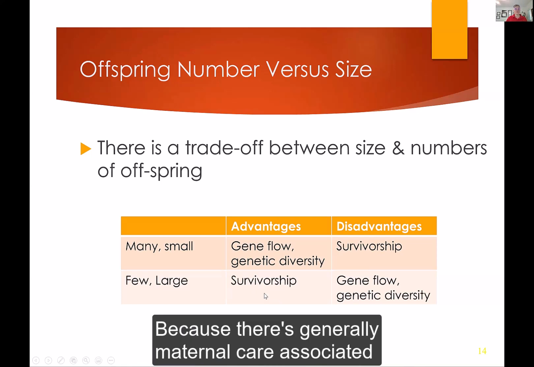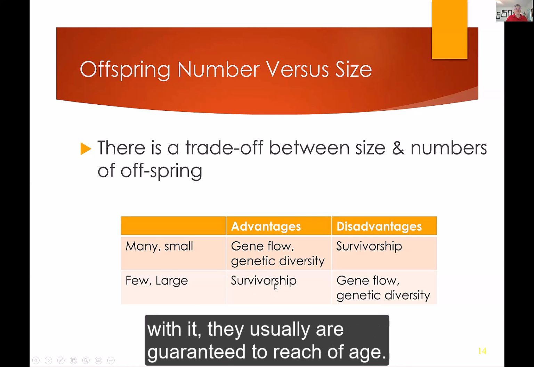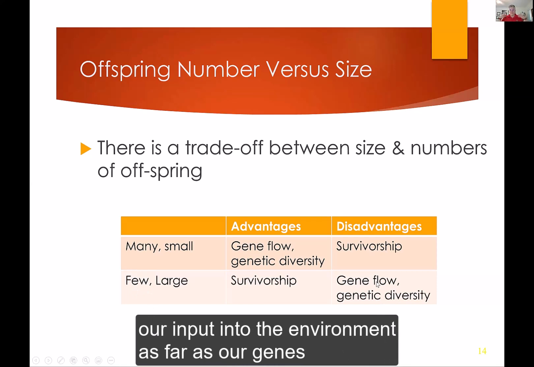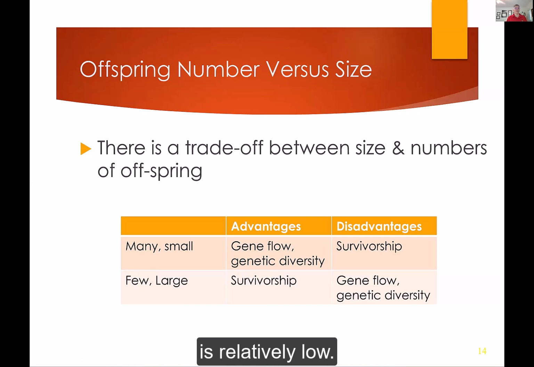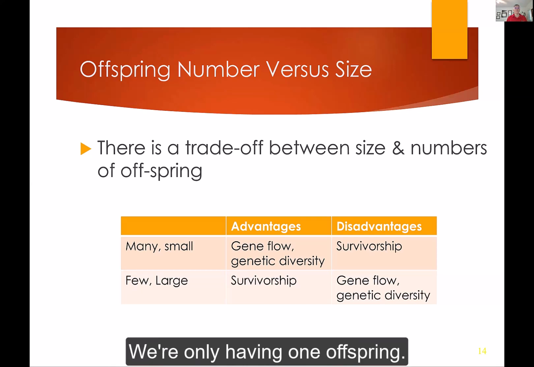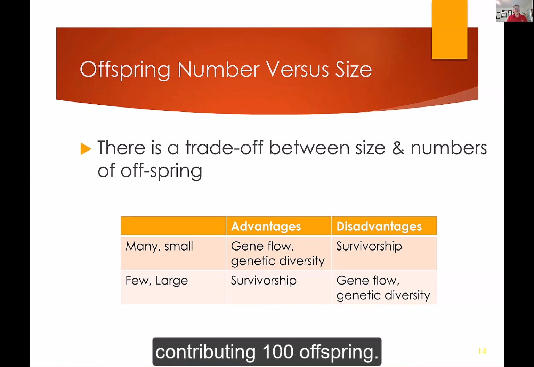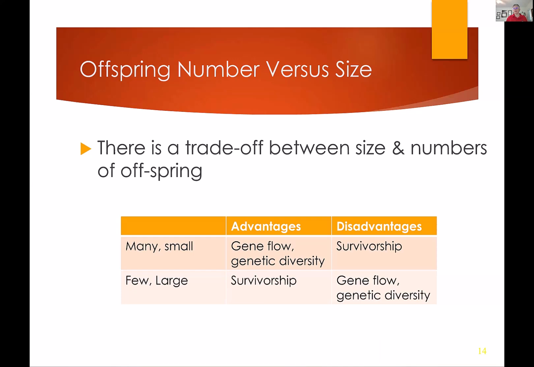Because there's generally maternal care associated with it, they usually are guaranteed to reach adulthood. However, because we are having few individuals, our input into the environment as far as our genes is relatively low. We're only having one offspring. We're contributing, but it's not like I'm contributing 100 offspring, right?